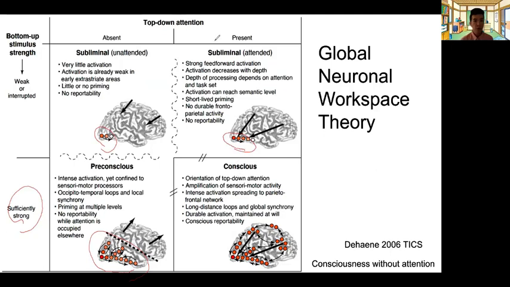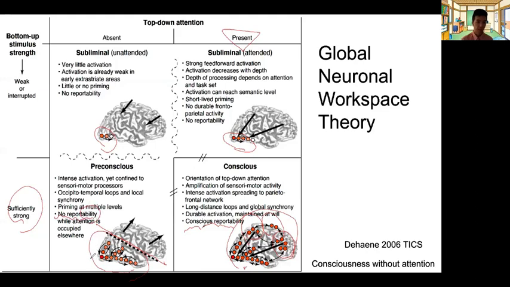And then top-down attention has to amplify these signals to make them pass to the prefrontal or parietal areas and so on, to eventually achieve conscious reportability. Otherwise, it is confined within these occipital-temporal areas and does not get reported. Okay, no reportability.